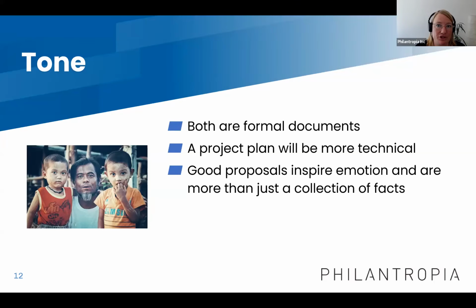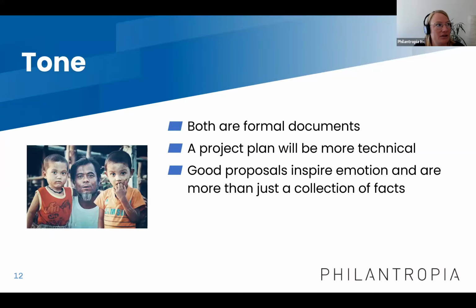Because of this difference that we just talked about, a good proposal should also inspire emotions. They should be more than just a collection of facts. But when you write for your own team and try to explain exactly what they're supposed to do, who is supposed to do what, which tasks you need to implement, that is more technical, and that doesn't need emotion.